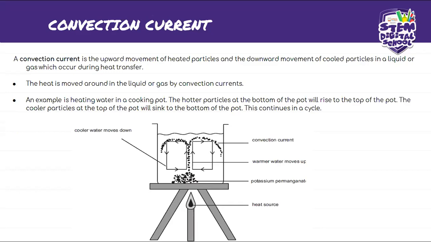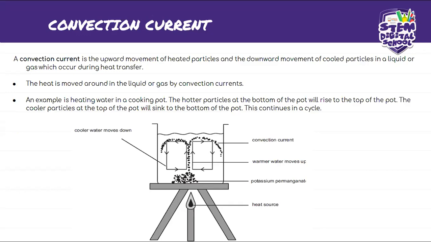Now let's look at the term convection current. What is convection current? It is the upward movement of heated particles and the downward movement of cool particles in a liquid or gas which occurs during heat transfer. The heat is moved around in the liquid or gas by convection current.